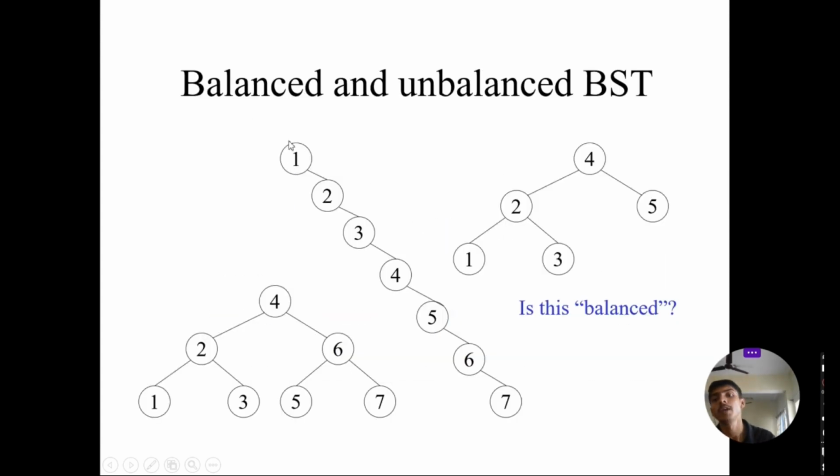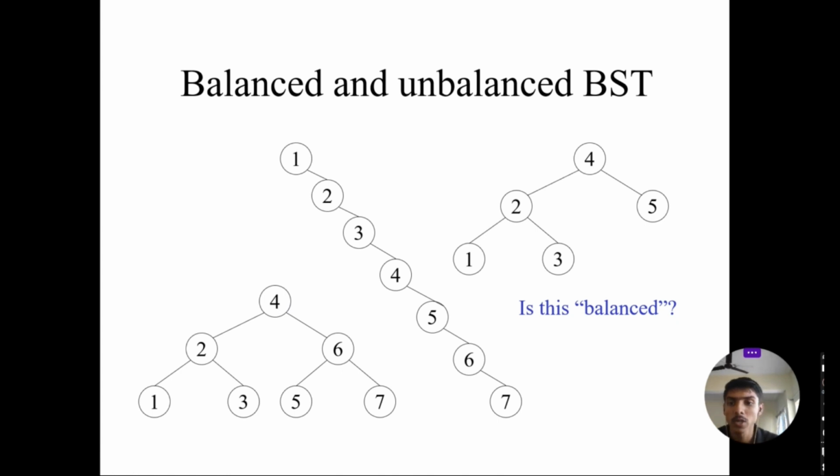If we see the middle tree, with root 1 and 2, it is not a balanced binary search tree because the height of its right subtree is greater than the left subtree, since there is no left subtree.